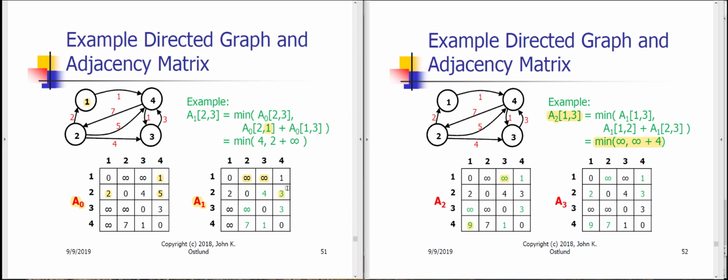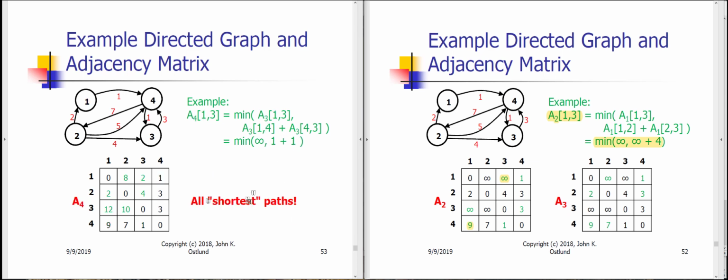Finally, we get to A sub 4. Here's A sub 4. Now, if the source and target are the same, it's still 0. And now the shortest path may be a direct connection, or it may involve node 1 as an intermediate node, or it may also involve node 2 as an intermediate node, or it may also involve node 3 as an intermediate node, and it may even involve node 4 as an intermediate node.